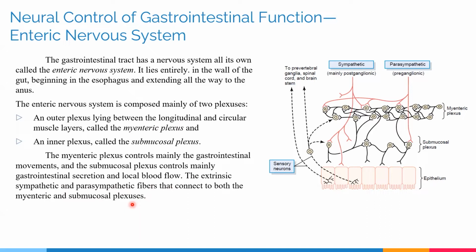It is to be noted that even during development, the enteric nervous system develops entirely differently from the normal central nervous system that develops in all organisms. Thus, the enteric nervous system essentially develops separately.